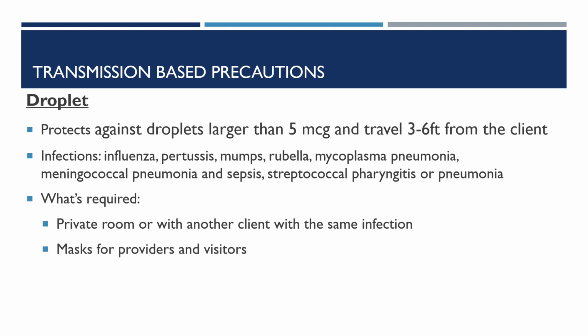When we go in these rooms, I must wear a mask. Visitors must also wear a mask. When transporting this client, I must put a mask on them. Do I have to wear a mask while transporting? I can, but it's not required.